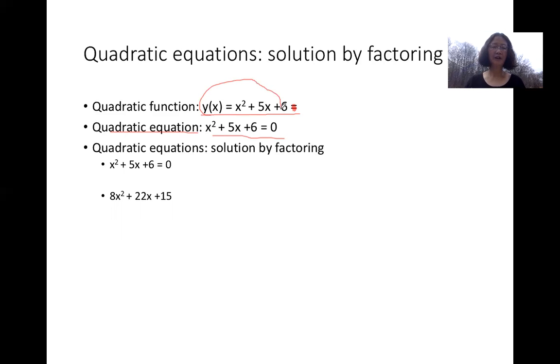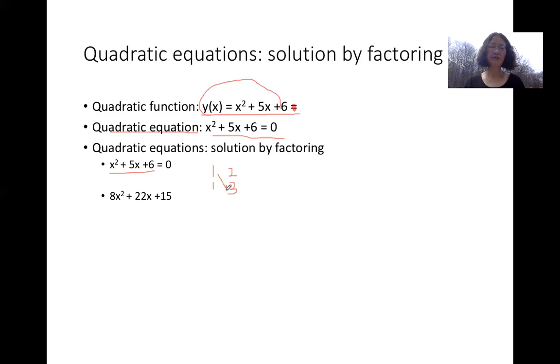So how do we solve these quadratic equations? There are many methods. One is solving by factoring. Remember in the previous lecture, we talked about factoring. So how do you factor the left-hand side? Remember we have cross multiplication. The coefficient of x squared is 1, and the constant 6 can be expressed by 2 times 3 equal to 6.